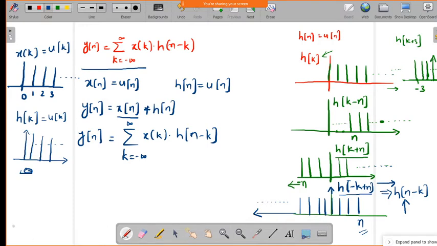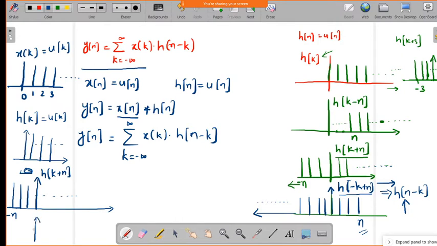So how can we do it? First you need to shift the signal by plus n units, that is k plus n. It will go in the negative direction, till the value of minus n. And now if you reflect this signal, what will you get?